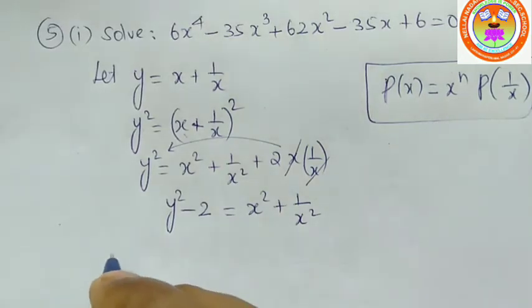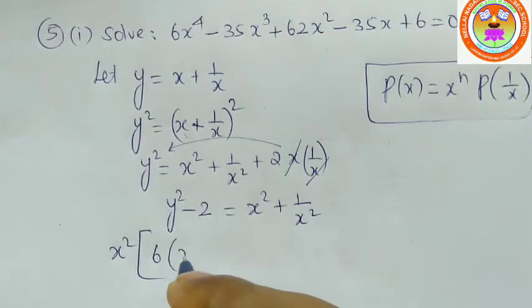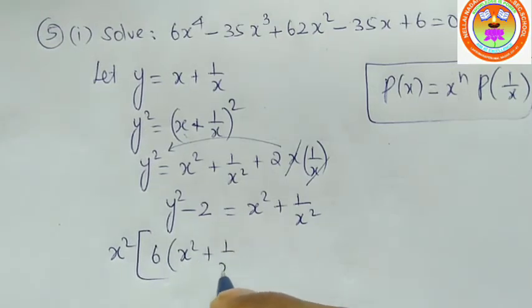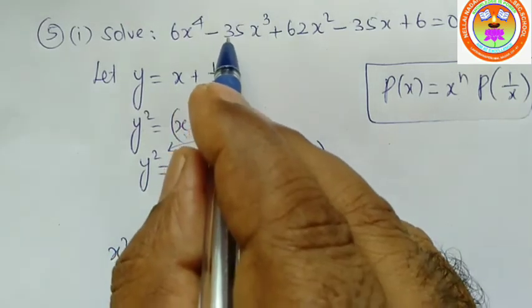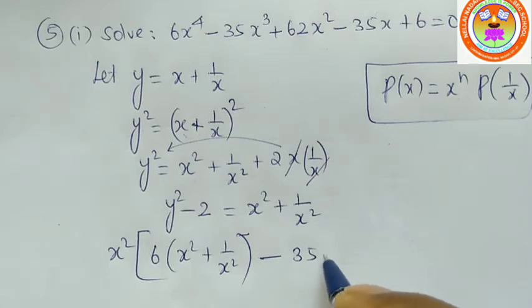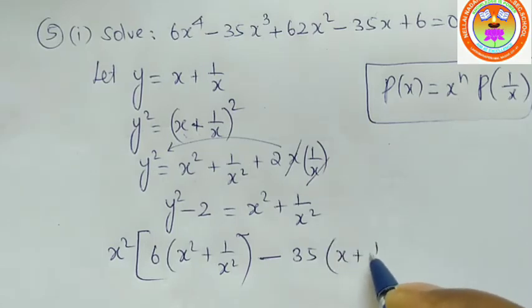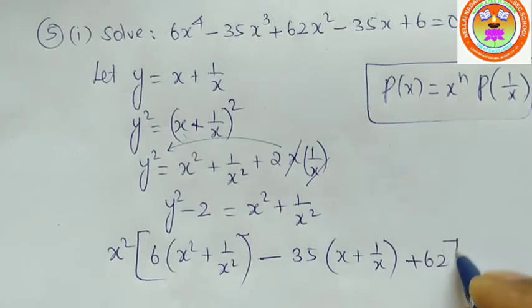See, x square into 6 into x square plus 1 by x square minus 35 into x plus 1 by x plus 62, which is equal to 0.